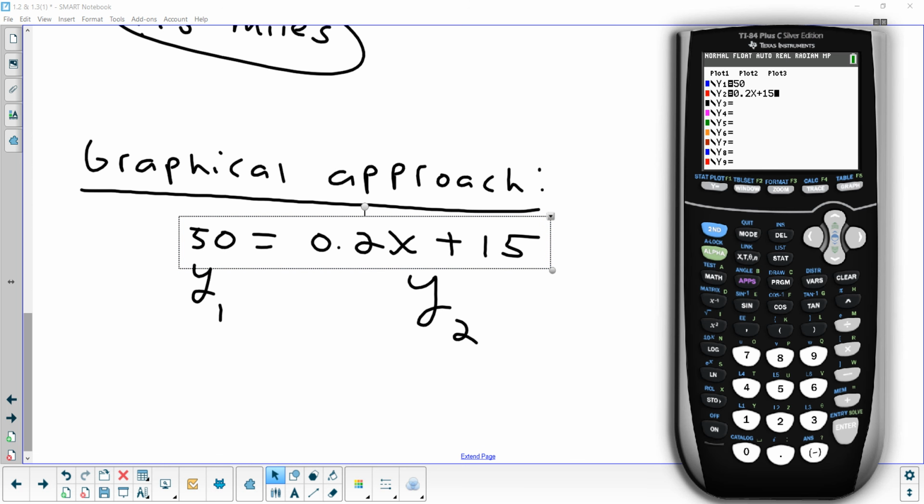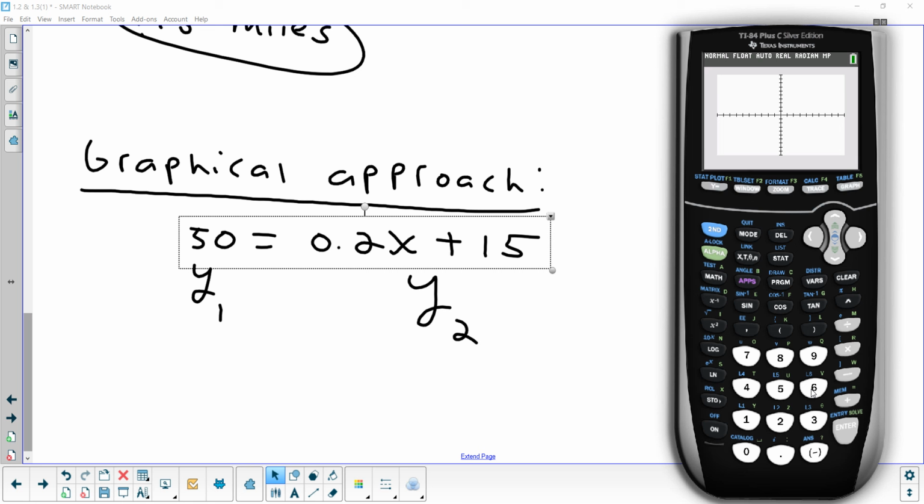So let's do zoom 6. Okay, and you're going to see the yellow circle spinning in the upper right if you're using this calculator. And when it's done, we don't see anything. How come?